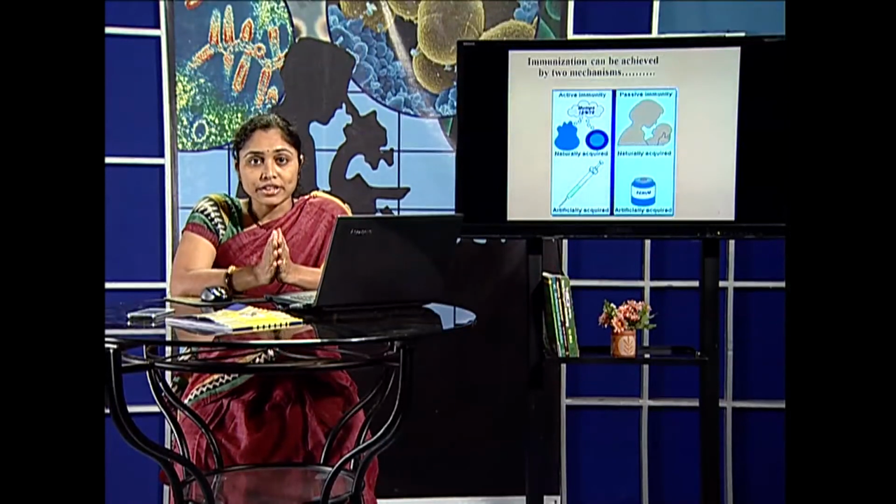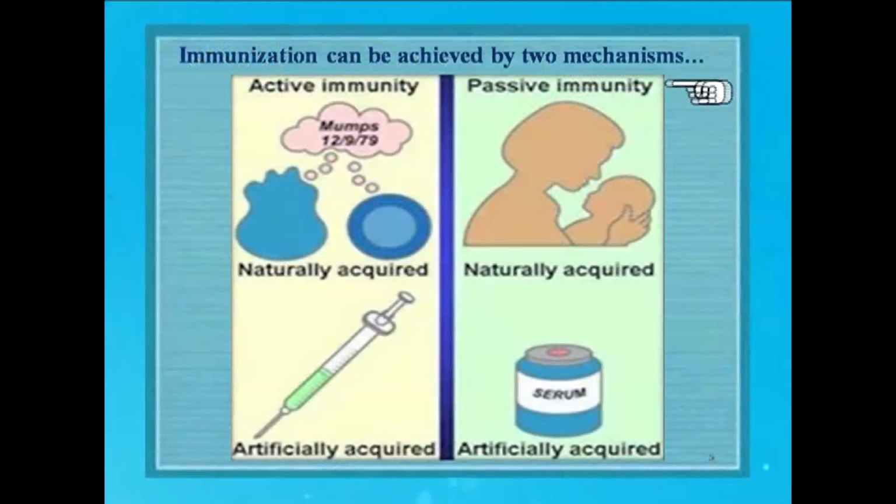Immunization can be achieved actively or passively. Active immunization can be acquired naturally through natural infections or artificially through vaccination. And passive immunization can be acquired naturally and artificially.